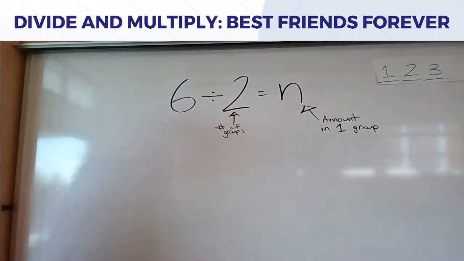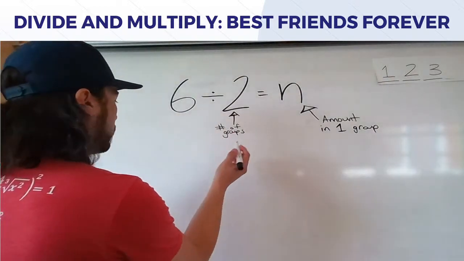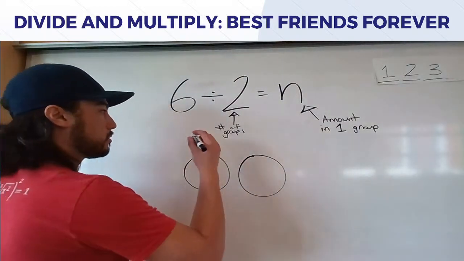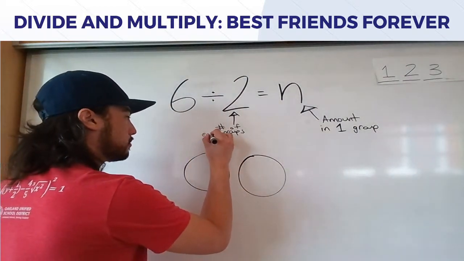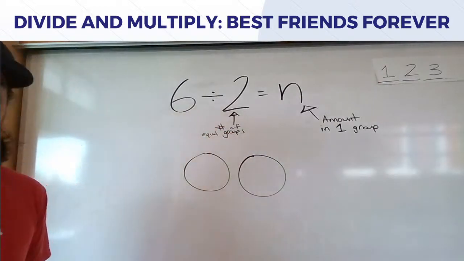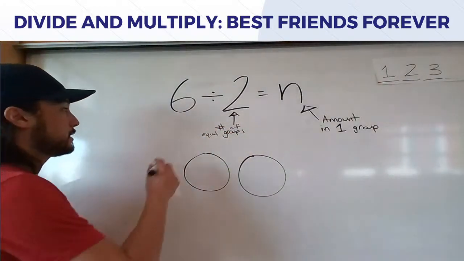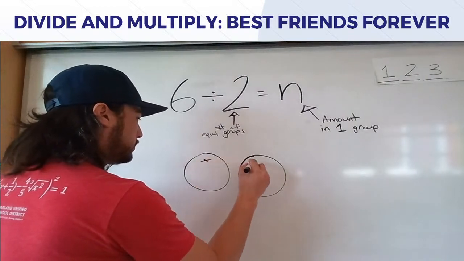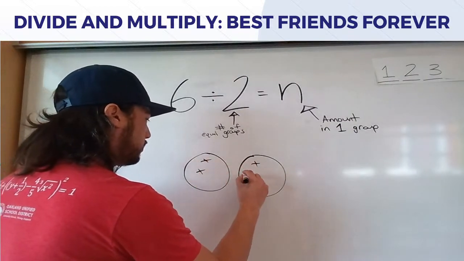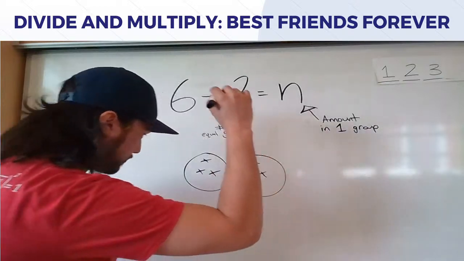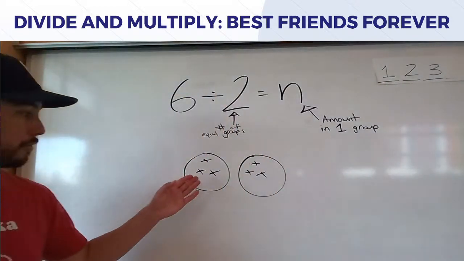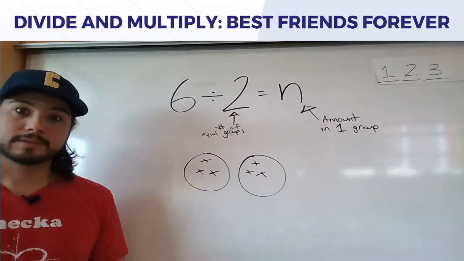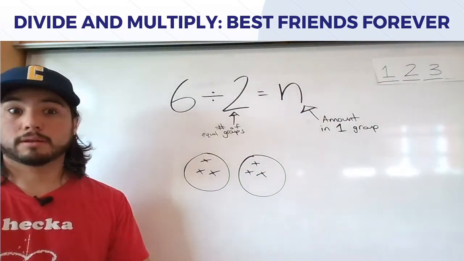We're going to put the 6 into 2 equal groups. I'm going to take my 6 and deal it out: 1, 2, 3, 4, 5, 6. And how much is in one group? 3. So our n equals 3. 6 divided by 2 equals 3.